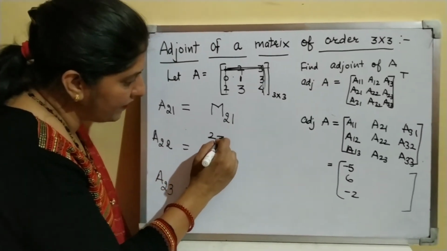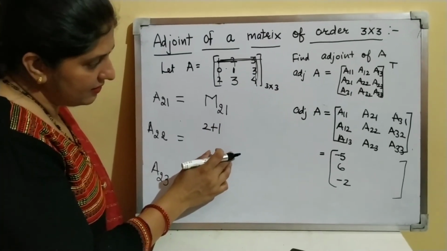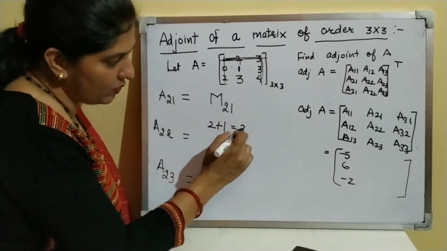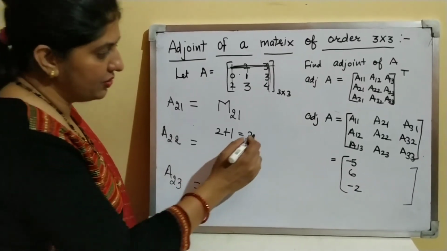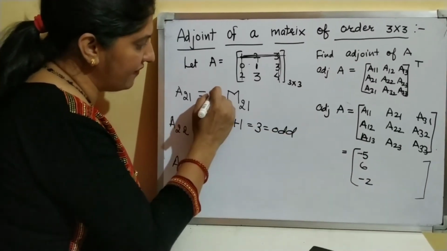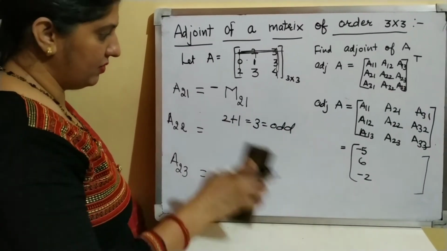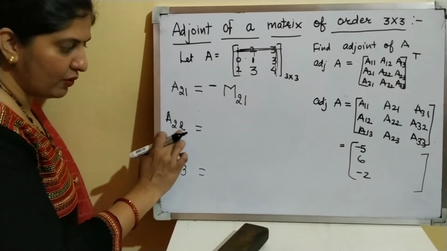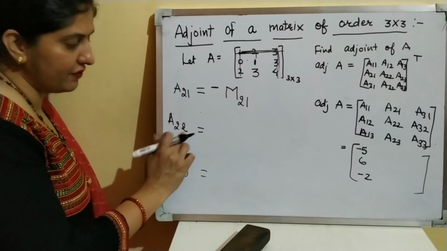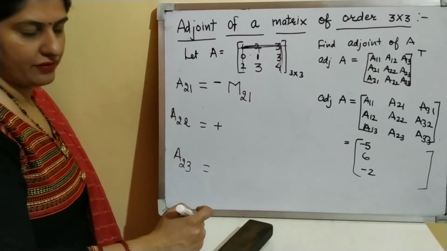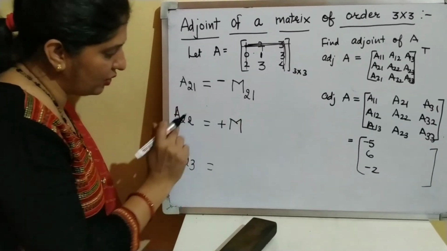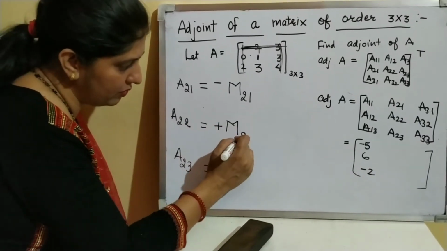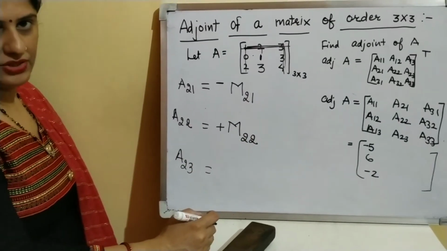Here, the sum of the suffixes is 2 plus 1, equal to 3. 3 is odd, so the sign will be negative. Check here: 2 plus 2 is 4. The sum is even, so the sign will be positive, and the cofactor is equal to the minor of that element.